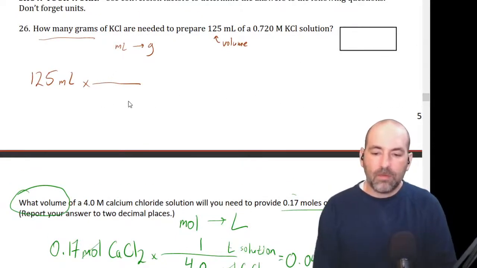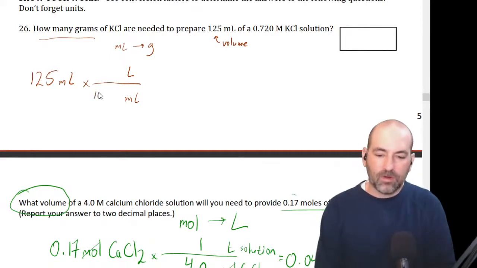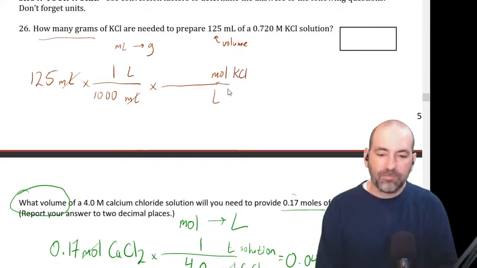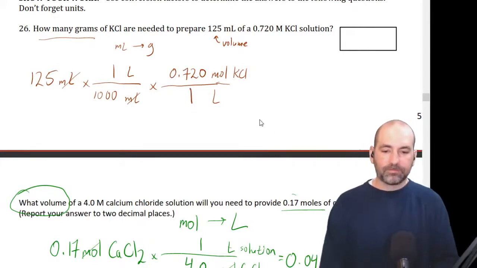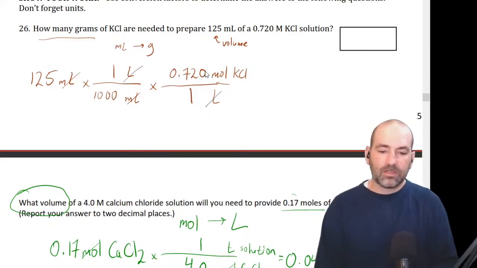So we cancel milliliters and have liters, and we know that conversion: 1,000 milliliters per liter. Now we can use the molarity and cancel liters and instead have moles of KCl. The molarity is 0.720, so that's 0.720 moles per 1 liter. Now we've canceled liters and we've got moles.